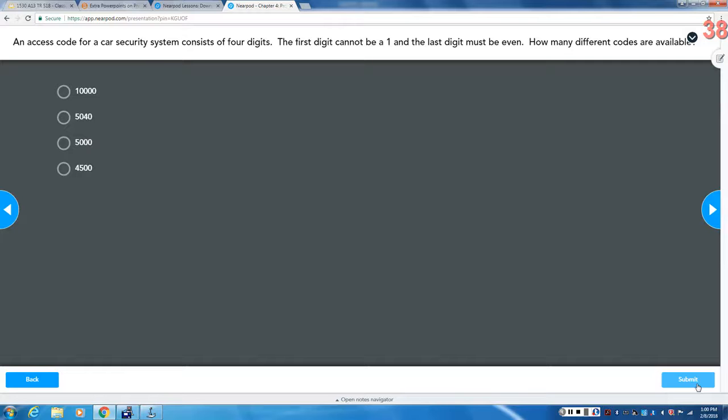And the 0 is considered an even number. You have to hit submit.